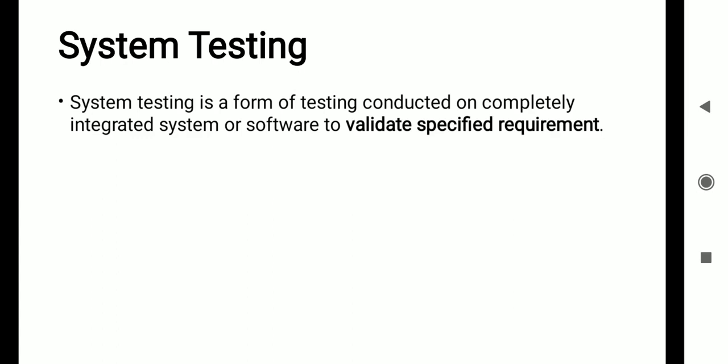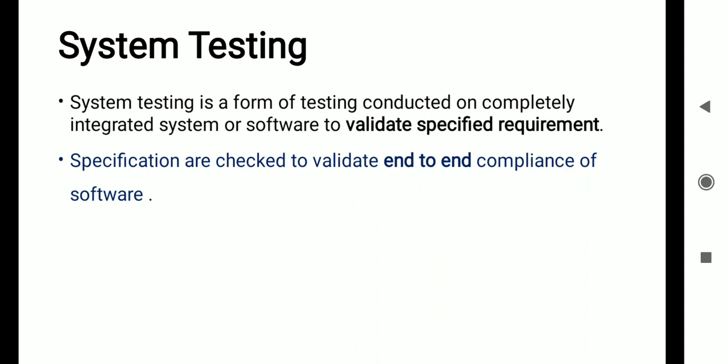Coming on to the next level of testing, that is system testing. System testing is a form of testing conducted on a completely integrated system or software to validate specified requirements. Specifications are checked to validate end-to-end compliance of software. In this type of testing, you don't need to go into the very internal things of the software.